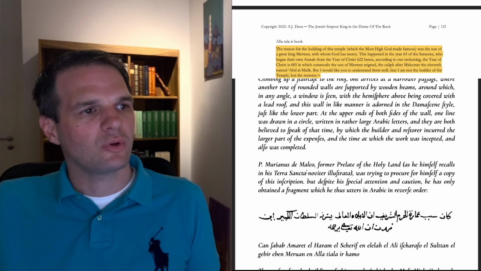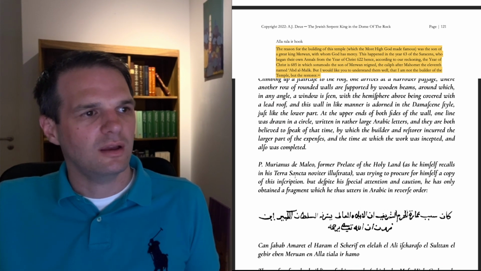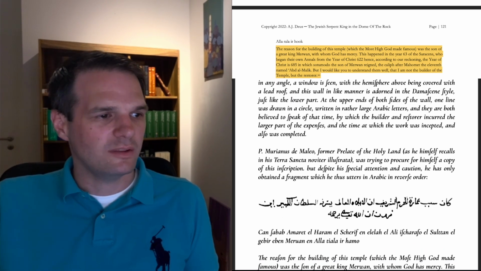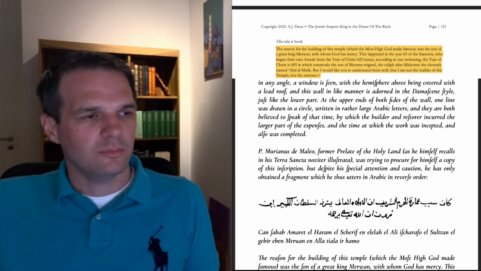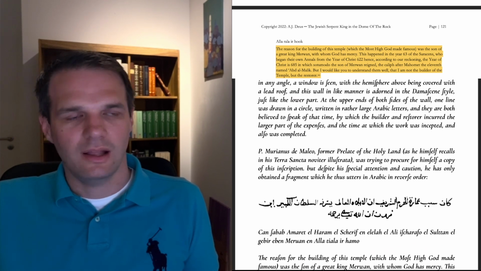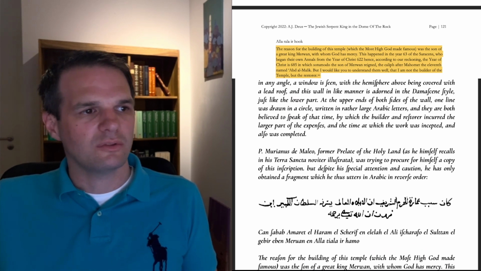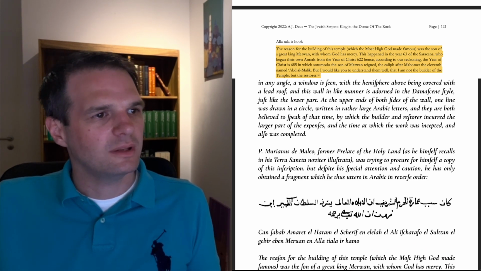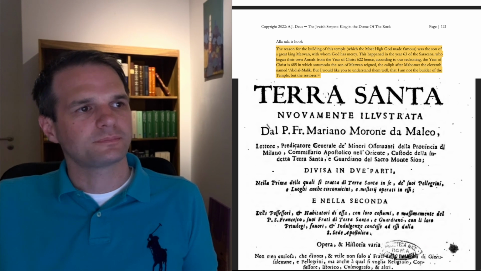So apparently P. Murianus de Maleo wrote a text called Terra Sancta Novita Illustrata. So I tried to find that, which wasn't easy because actually he did write the text, but it was Italian, and here Elzear gives us the Latin translation, which made it difficult to find, but eventually I did find it.